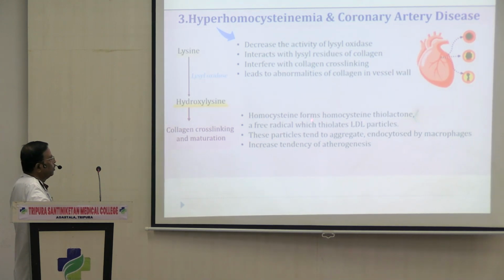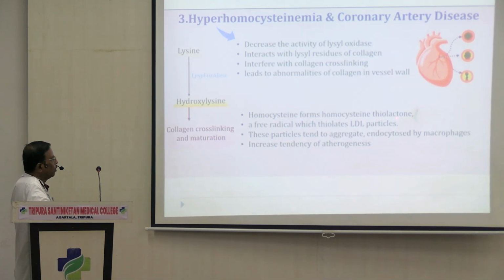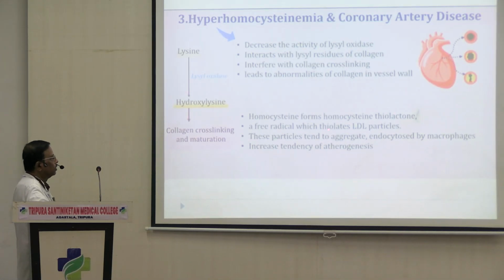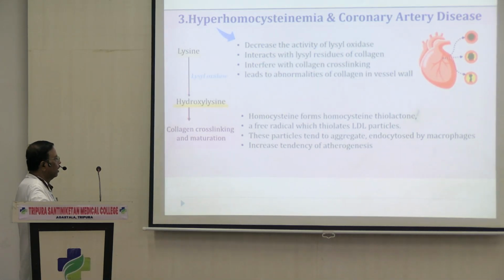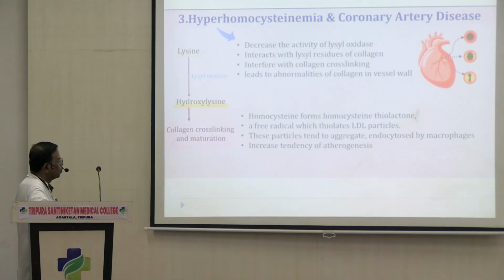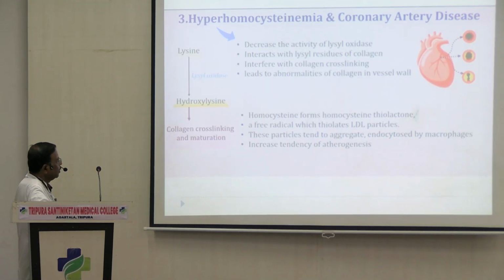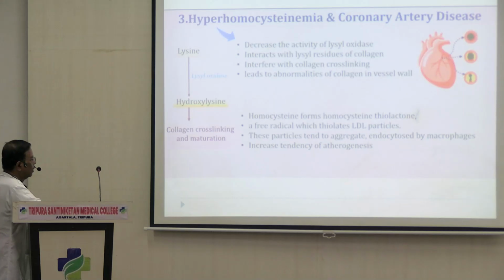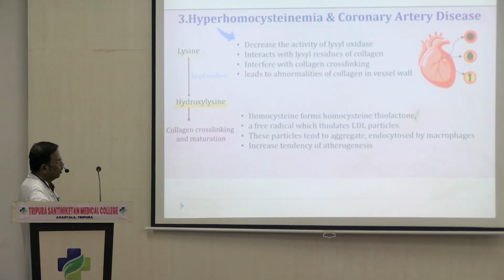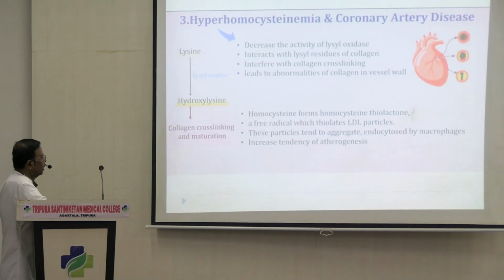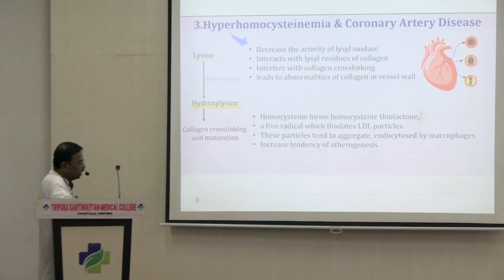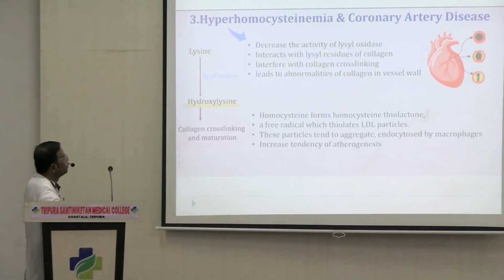Then homocysteine forms homocysteine thiolactone. This is a free radical which thiolates LDL particles and helps in formation of atherosclerosis, due to aggregation of this molecule by the endothelial cells of the vessel.